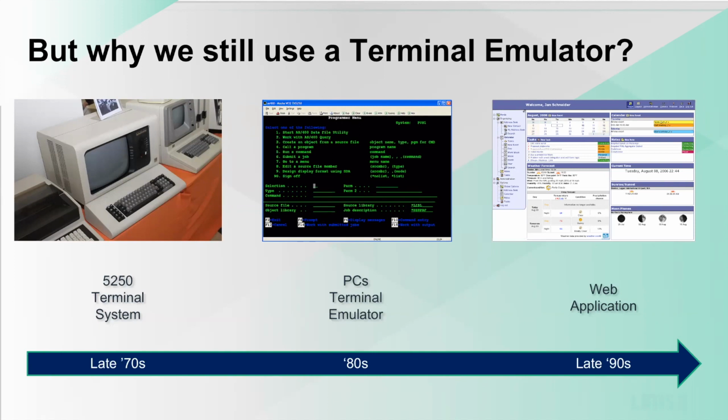So a terminal emulator is a computer program that emulates a video terminal within another display architecture. We're using a PC to make things work the way the mainframe did, or in this case, the mid-range, such as the IBM i.